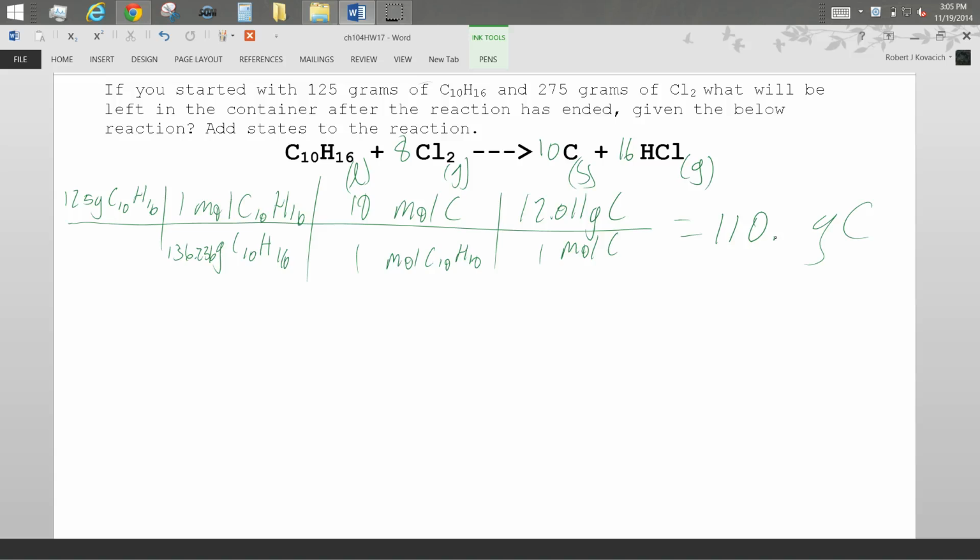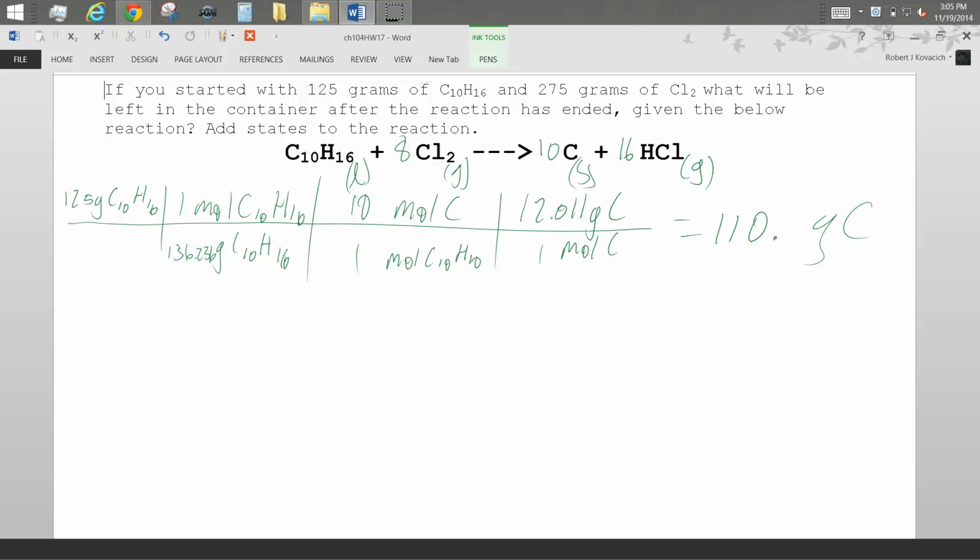So I got 125 times 10 times 12.011 divided by 136.236. I got 110.185, so good job. Great, so if I had 125 grams of C10H16 and as much chlorine gas as I would need, I would make 110 grams of carbon.